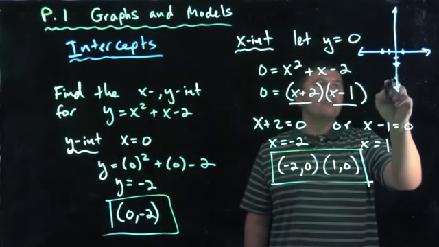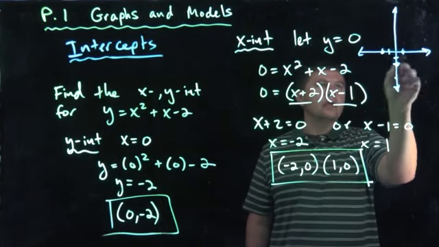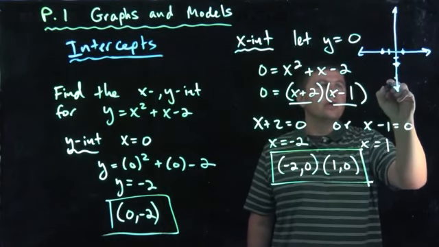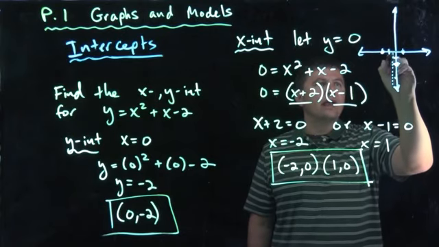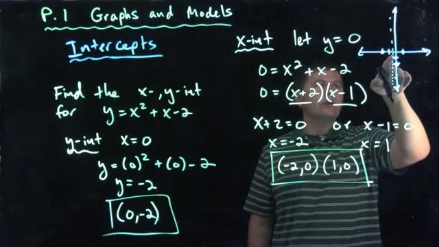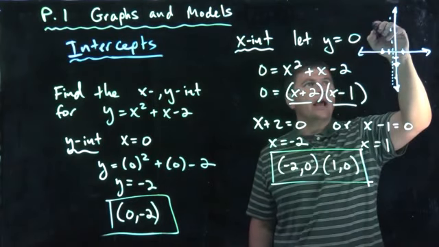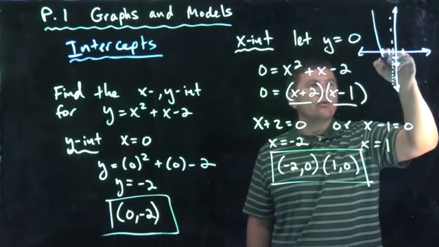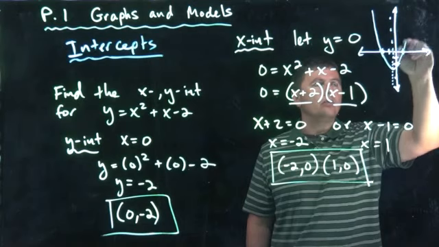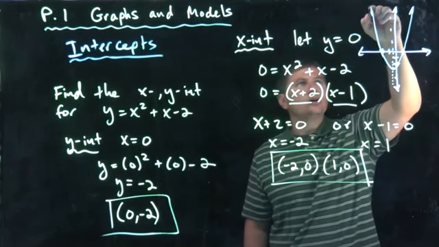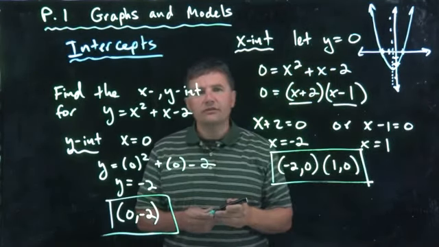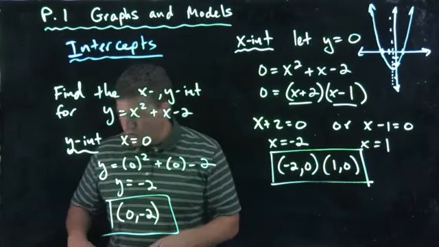We know that the vertex is going to be somewhere equidistant between those 2 points. Without finding exactly what that y is, I know the x is going to be x equals negative 1/2. So let's not worry about exactly where that is on the y. We get a pretty quick sketch without worrying about plotting all those points. Okay, so those are intercepts.